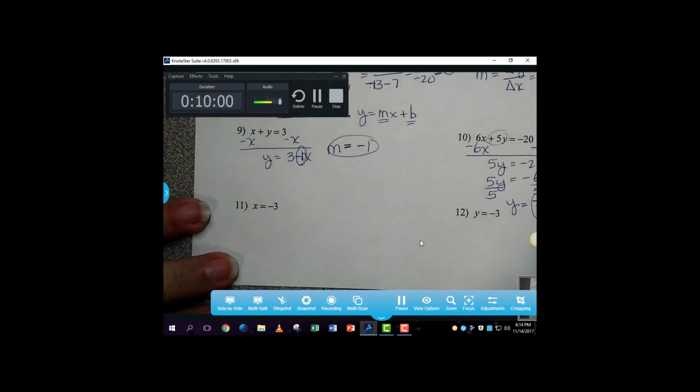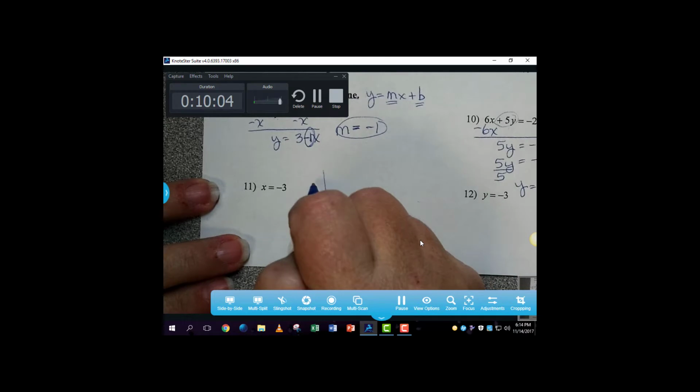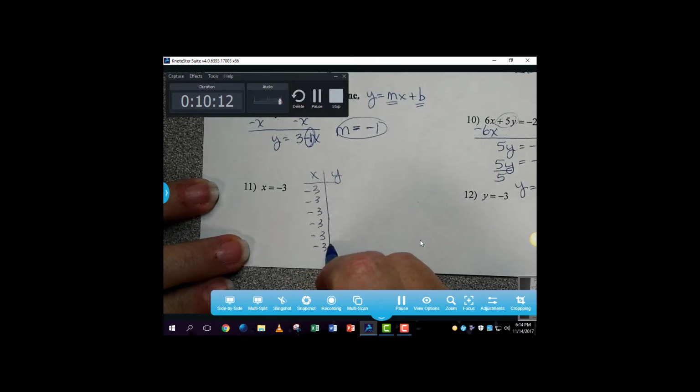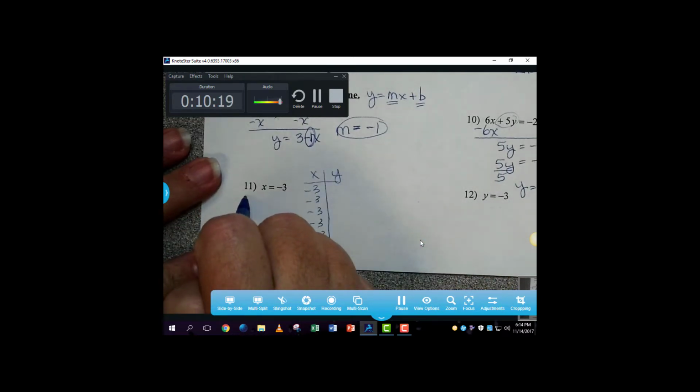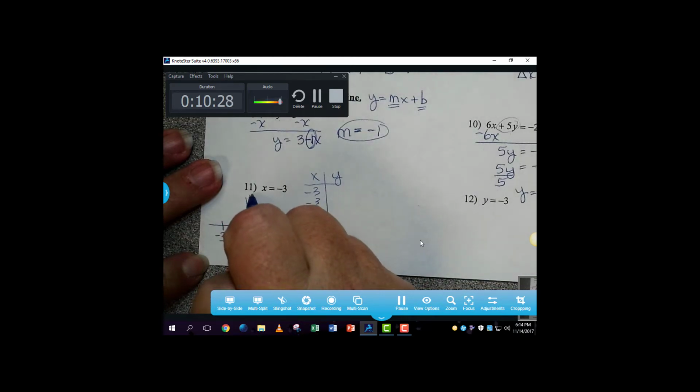Okay, almost done. When we have x equals negative 3, don't forget that is the same as saying no matter what number I write down for x, it has to be the number negative 3. If we have x equals negative 3, the graph of that would look like this. So here's my x, here's my y.